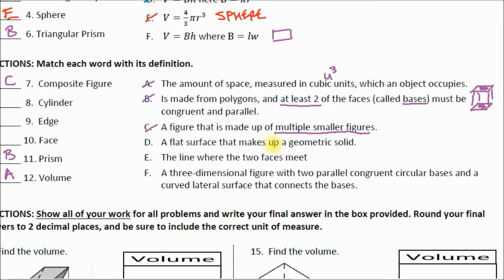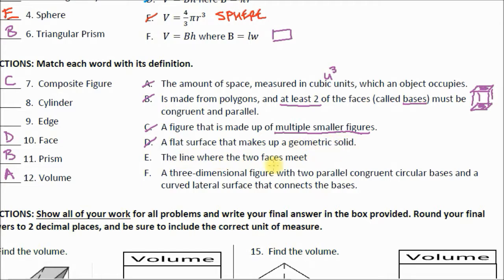Letter D, a flat surface that makes up a geometric solid. Well, if we draw a geometric solid, let's take a look at our rectangular prism over here. One of these flat surfaces is called a face. Remember we had the question, which face is a base? The faces of a three-dimensional geometric solid are the flat surfaces that make it up.